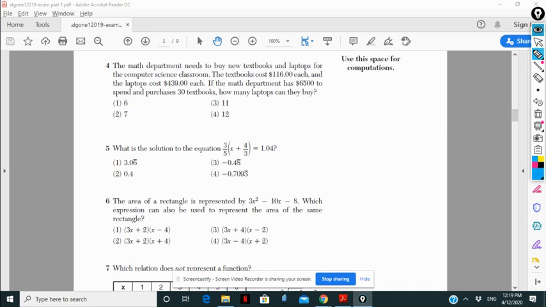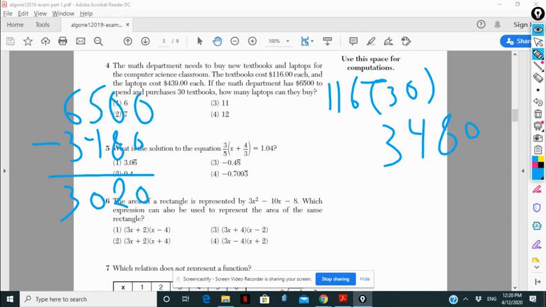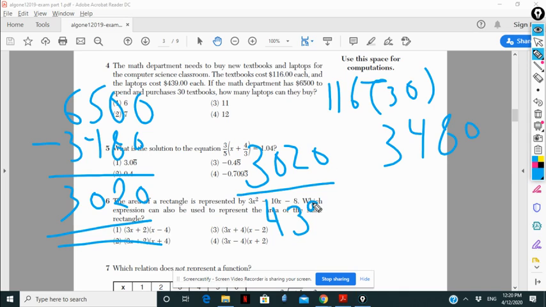So I have 116 times 30, which is going to be 3,480. They have 6,500, so they can spend 3,020 on laptops, and the laptop costs 439.